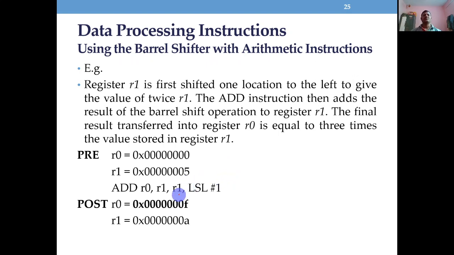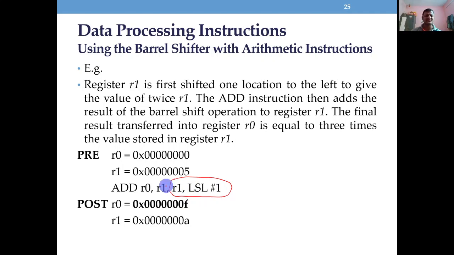Now one more: you can use the barrel shifter with an instruction. What we discussed just now, ADD R0, R1, R1, I wrote R1 twice here. It's not always the same two operands; you can use any other register also if you are working with the barrel shifter.